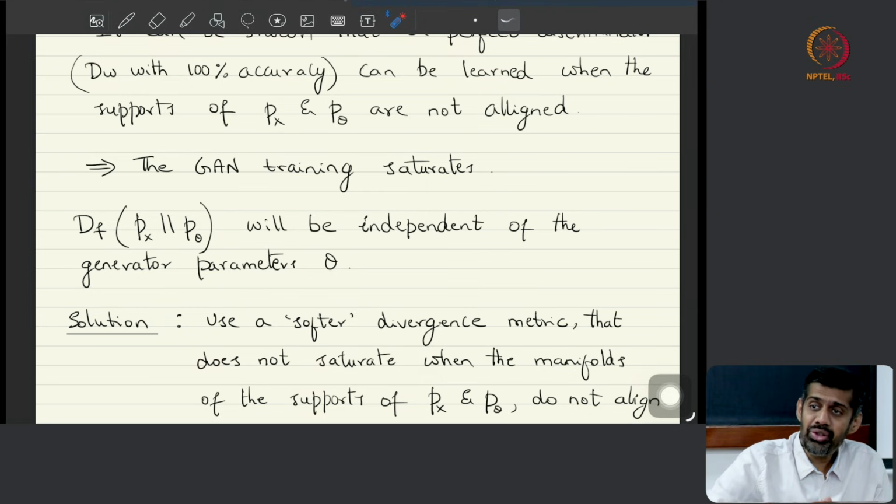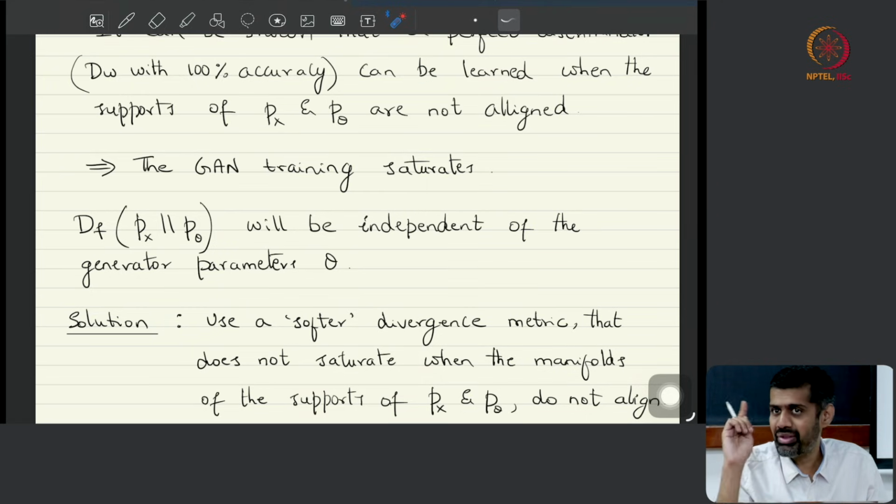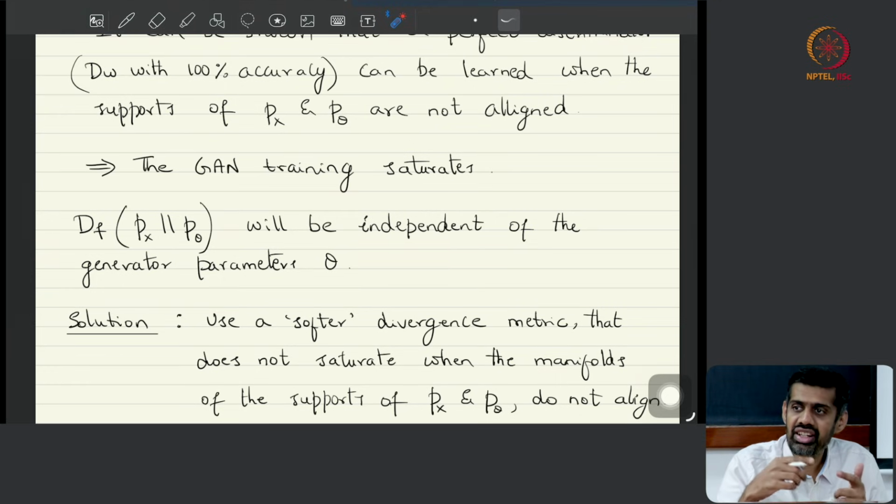That is why, remember I told you in the previous class, this min-max optimization problem is not solved in a 1:1 ratio. It is to avoid this. People say that you have to train the generator more and the discriminator less, ratios like 5:1 and so on. That is a hyperparameter, so that you do not hit a scenario where you get a perfect discriminator and the training saturates.